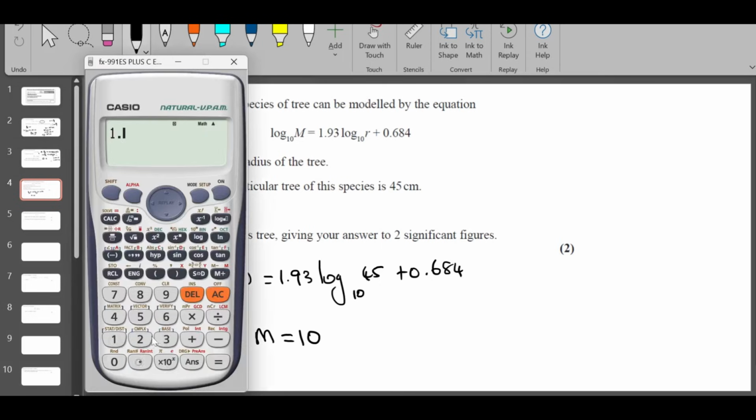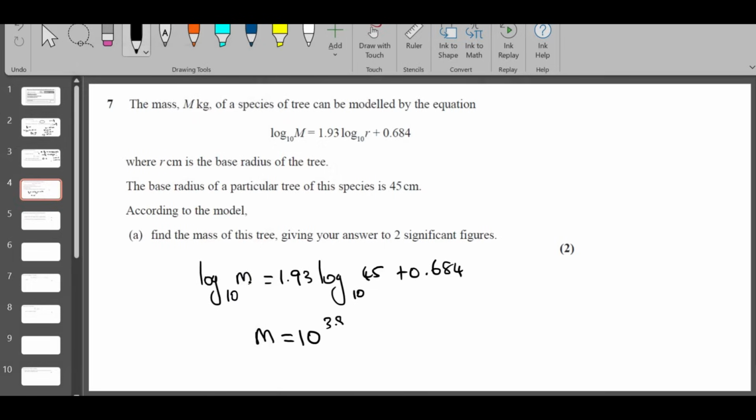So I'm going to calculate 1.93 times log 45. If you don't put the base, the default base is 10. Calculate this plus 0.684, 10 to the power 3.874, etc. Get the value and then round it to 2 significant figures.